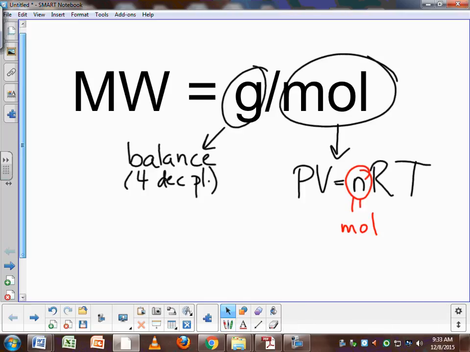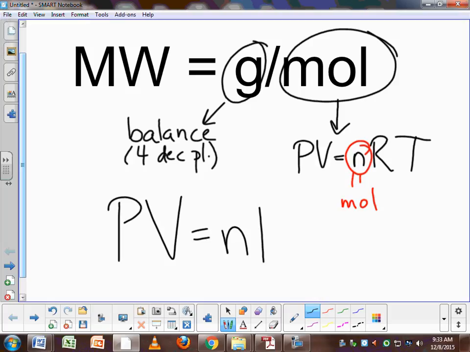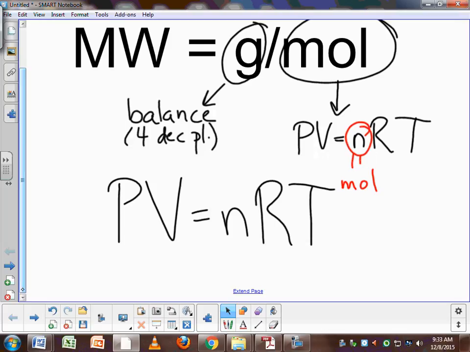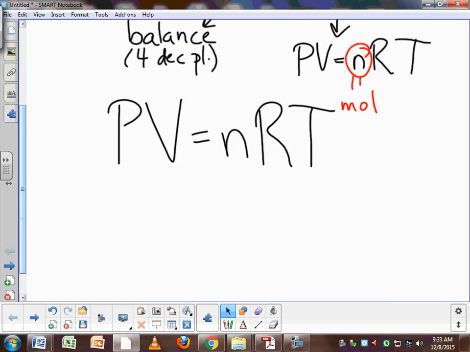So we're going to talk about how we're going to get moles from PV equals nRT. We are going to be measuring basically every single component of PV equals nRT except for moles. So we will be solving for n to then use in molecular weight calculations.